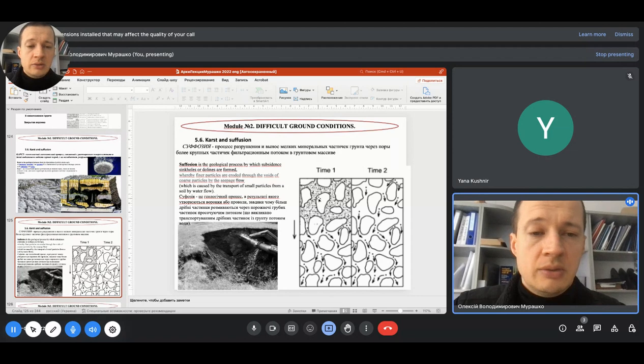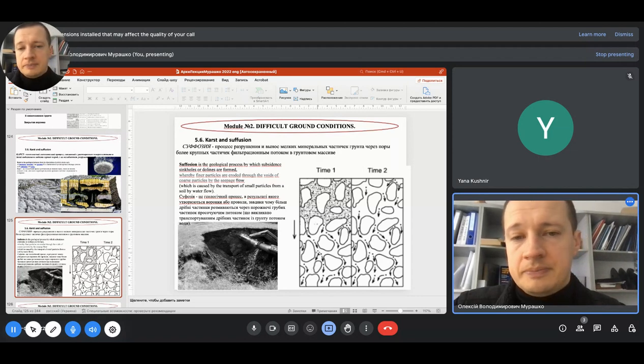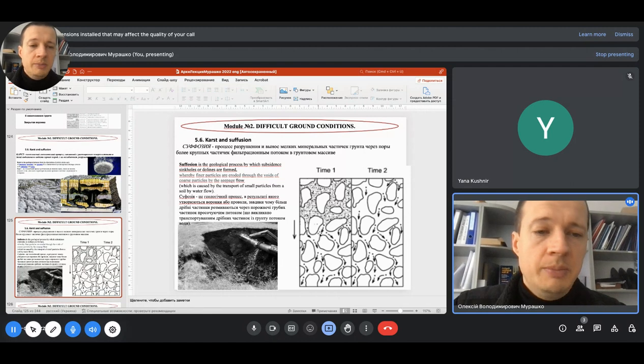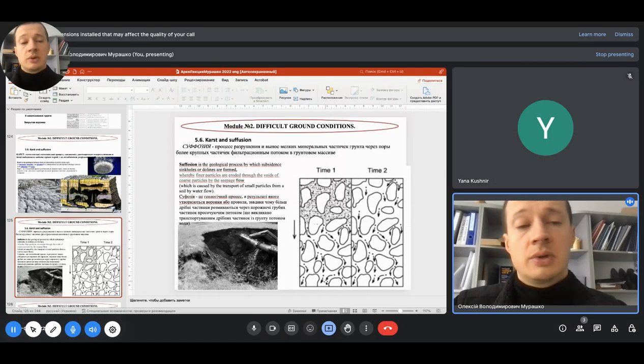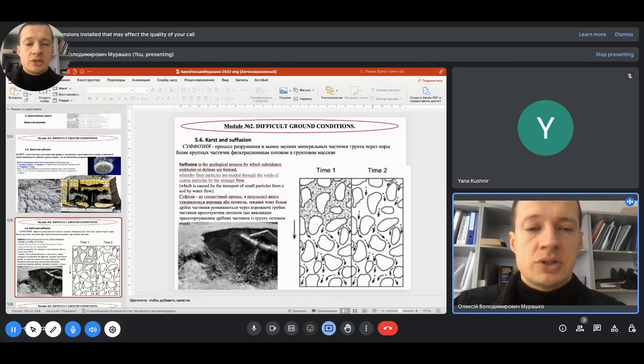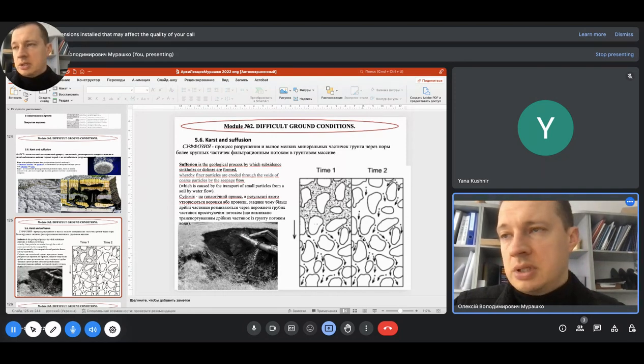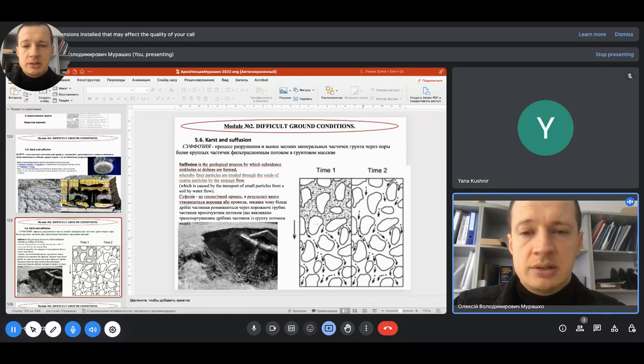This water flow displaces the little particles of ground through the bigger particles of ground, and this process goes on until we reach the situation where large particles of ground are separate from each other, and in this case we will find a sinkhole.